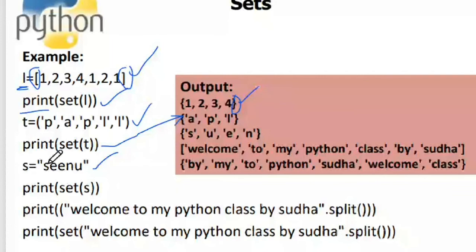But in the next case, I have another E, and because a set cannot contain duplicates, this E will not enter into the set, and N is taken into the set, and U also is taken into the set. But you can see the order in which the elements are printed, it's unordered. So SENU is printed where one E is eliminated because of duplicacy. So when I print it, this set looks like this.